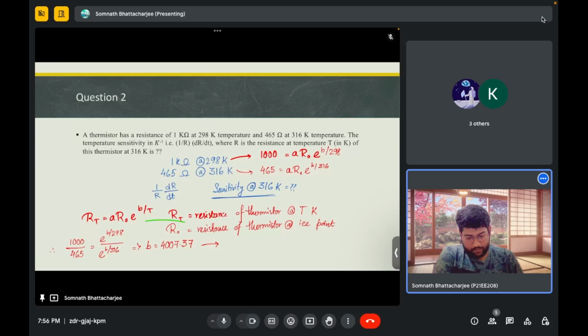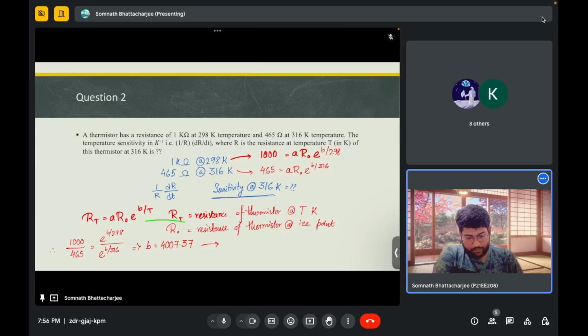So with the sensitivity value, we'll just differentiate the primary equation, that is nothing but dR_T/dT equals minus A R_0 B by T square. This will be the last term, right?